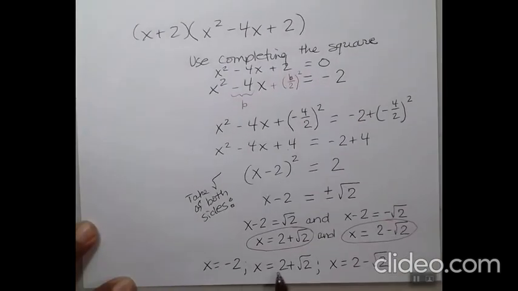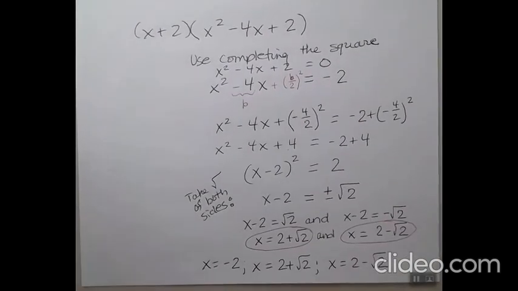These are the roots that satisfy that equation. Okay? So we have showed you how to solve a cubic based on the rational roots theorem, and then using long division. In this last example, we also had to pull in our knowledge of completing the square in order to factor there, so we could get all three of our roots.